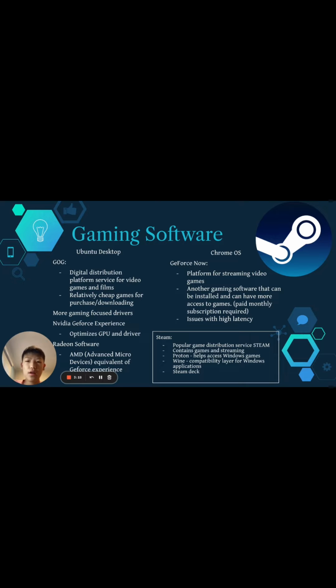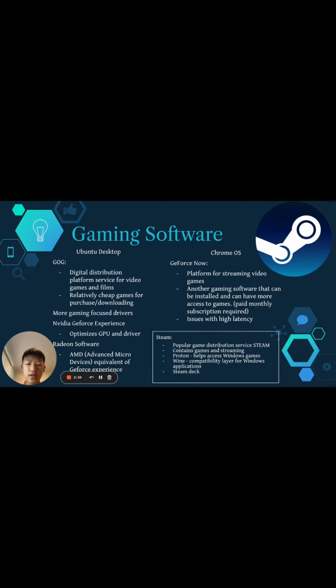Okay, so Steam is probably one of the most popular gaming softwares out there. Many people in our class probably already are aware of it and use it to play their own favorite games. It contains games and streaming.